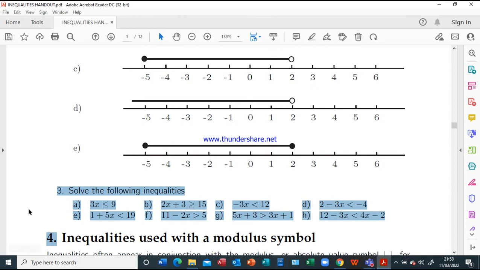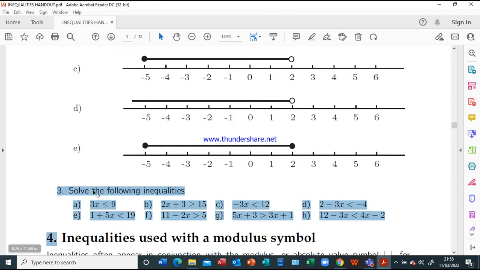Should we put them in the graph or we solve them? Solve. After you've solved and found the inequality, for example, let me give A as an example. Here you just divide both sides by 3, isn't it? You will end up with x being less than or equal to what? 3.